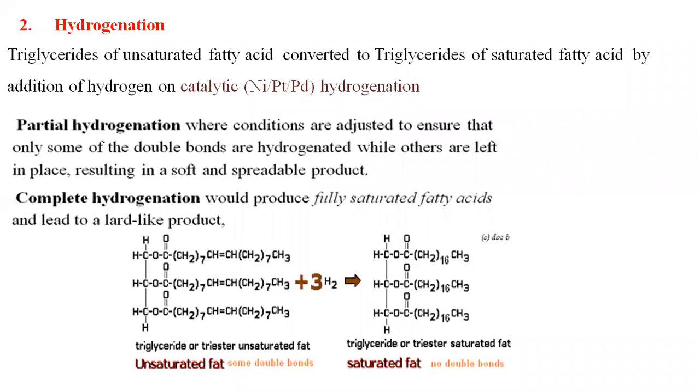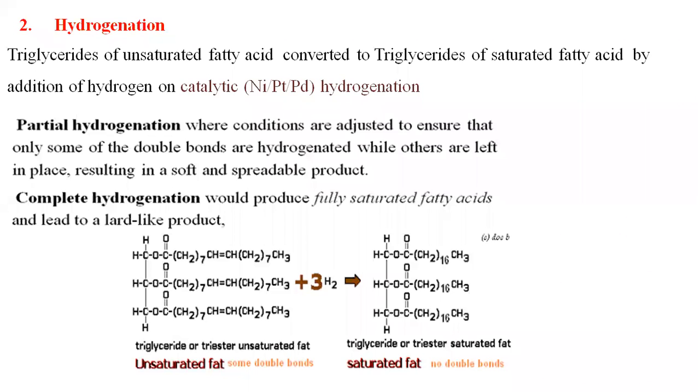There are two types of hydrogenation reactions: partial hydrogenation and complete hydrogenation. As the name suggests, in partial hydrogenation only some of the double bonds are hydrogenated while others are left in place, resulting in a soft and spreadable product.